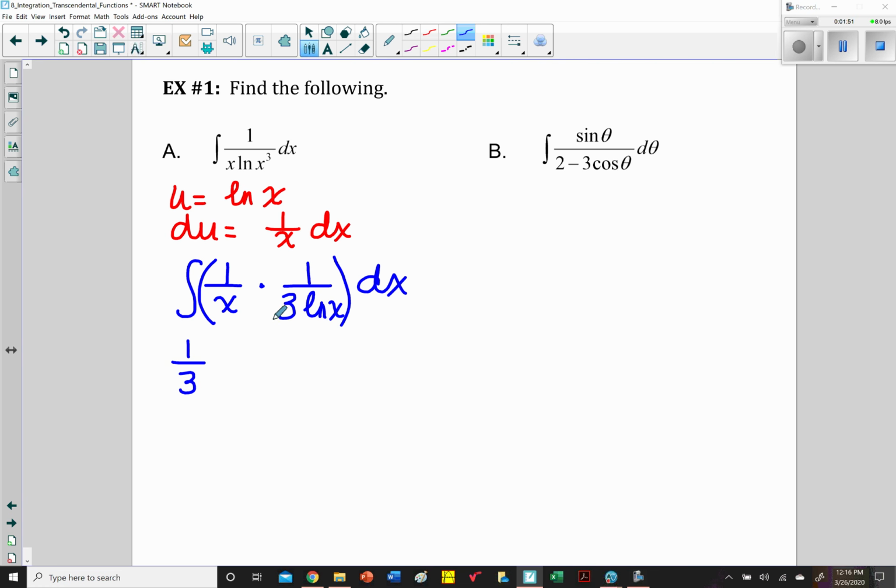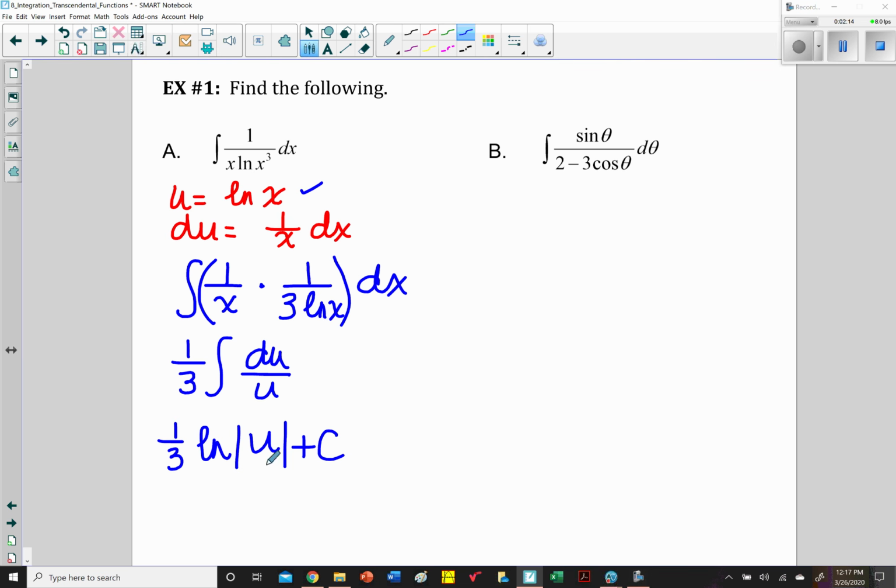We can pull the 1/3 out as a factor in front of the natural log of x. If natural log of x is our u, then we have du over u, and that becomes 1/3 natural log of the absolute value of u plus the constant.